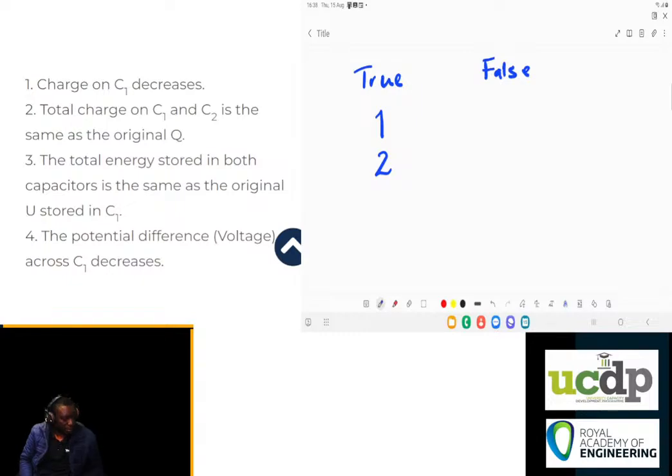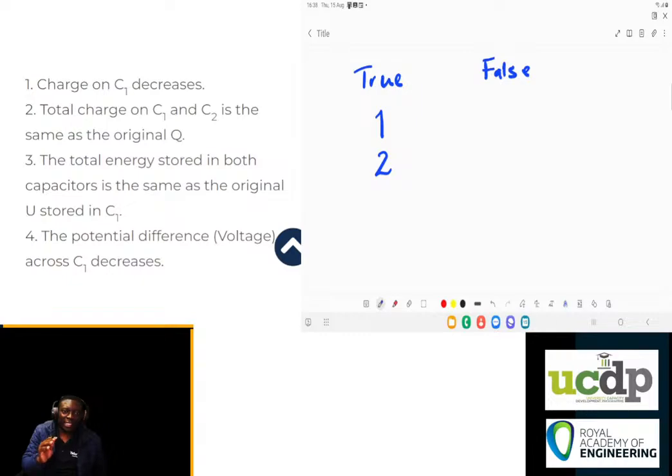What about 3? What can we say about the energy? The total energy in both capacitors is the same as the original energy stored in C1. This meaning the sum, in this case total energy is the sum in both.